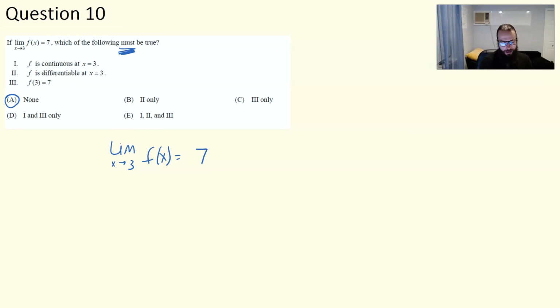Let me explain why none of 1, 2, or 3 must be true. So for 1, we could have a case where we have a limit like this. The limit still exists, but we may have a hole. So the hole would prevent choice 1 from being true. And for that same reason, just because there's a limit, again, there may be a hole, which means that if it's not continuous, it's not going to be differentiable at that point either.